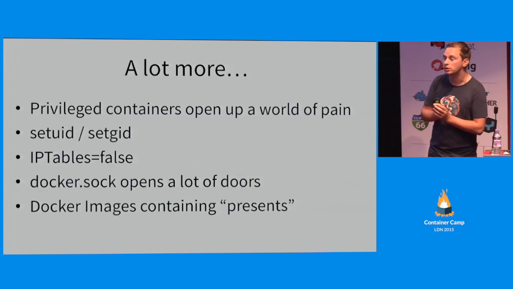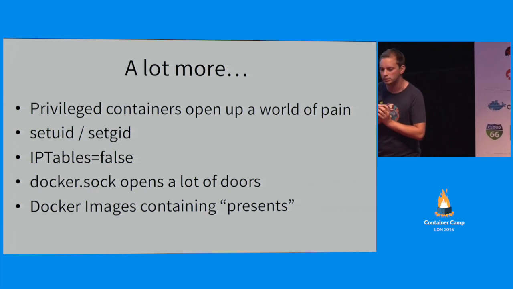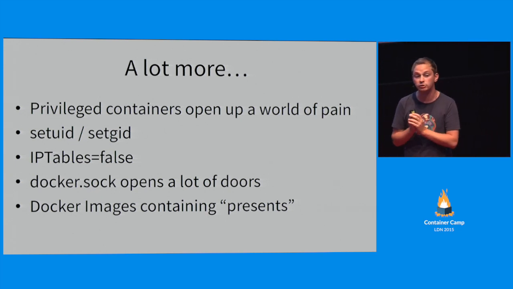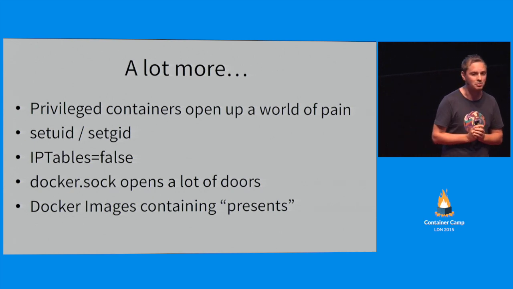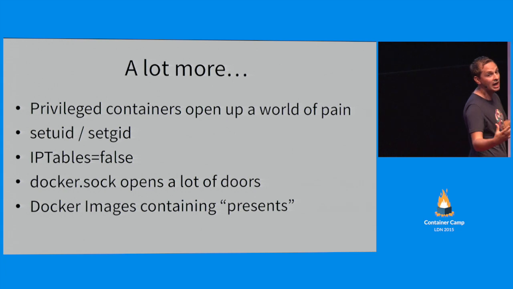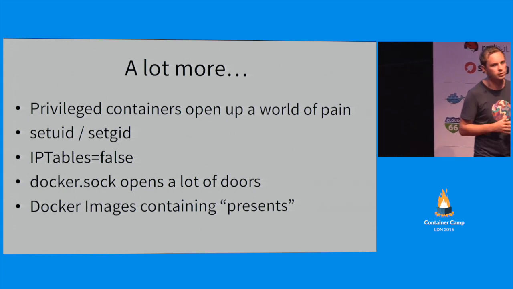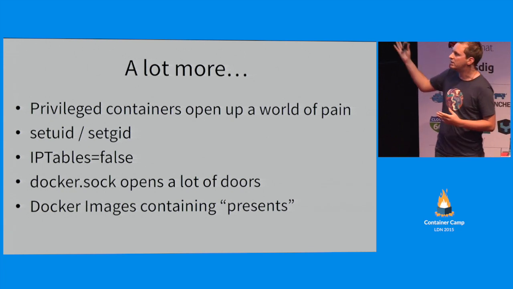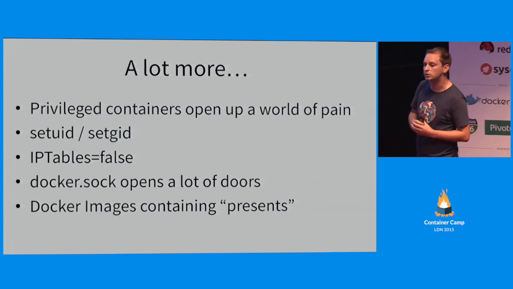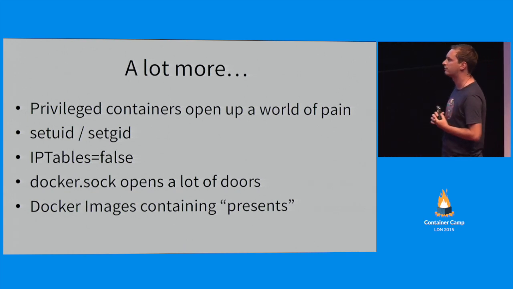And there's lots more which I haven't covered. For example, privileged containers just open up a world of interesting opportunities for people, and being able to mount disks which have been mounted after the fact that the container has been launched and not through the Docker API. IP tables can open up some interesting opportunities and interesting side effects by using them if you don't turn off the flag.